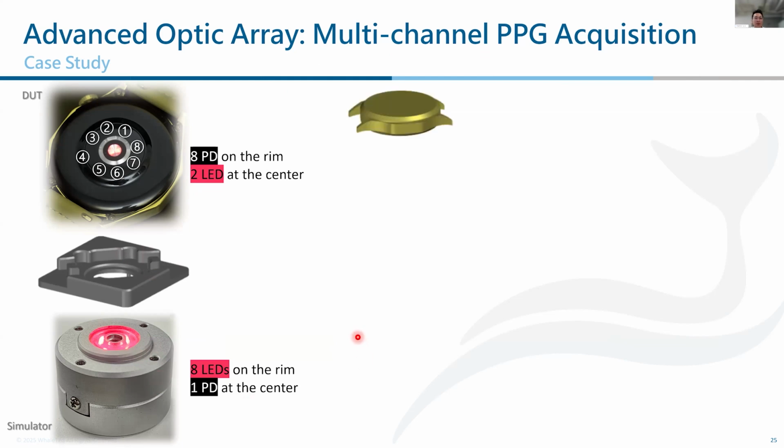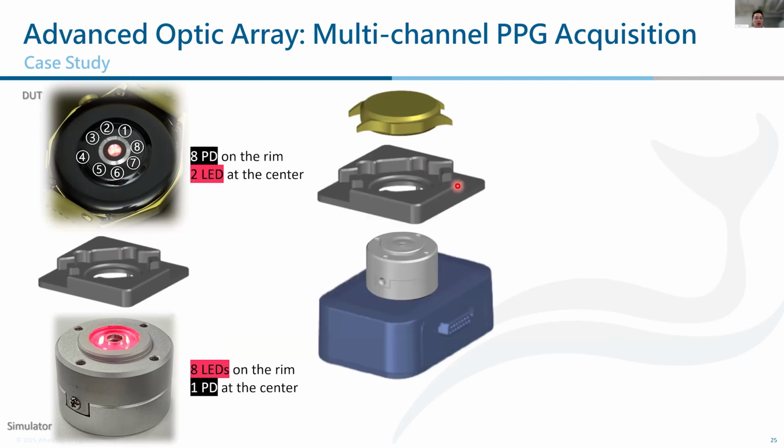So from the exploded view, we can see the watch and the mechanical adapter, as well as the standard main board, also the head. The key to making the simulation still work for this kind of multi-channel PPG acquisition device is to customize the board.